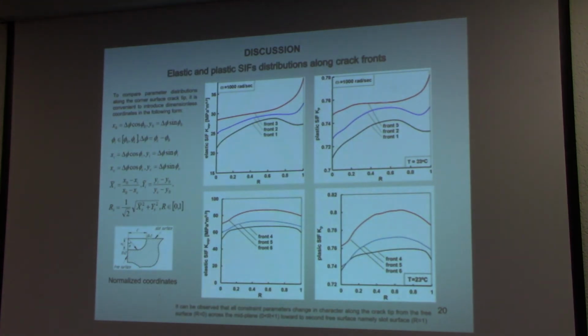The distribution of elastic and plastic stress intensity factors you can see in this slide. Upper row figures correspond to the surface crack fronts, and bottom row figures correspond to the through thickness crack fronts.